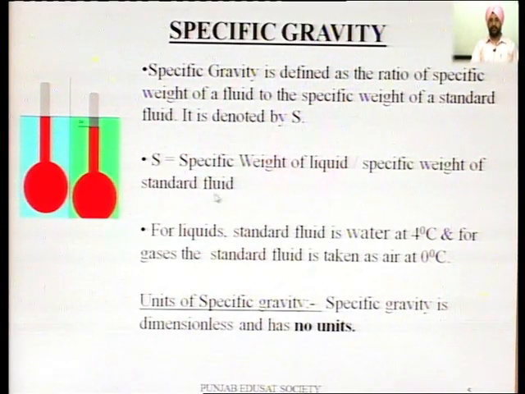Now what is this standard fluid? In the case of liquids, we take water as a standard liquid at 4 degrees centigrade, and in the case of gases, the standard fluid is taken as air at 0 degree centigrade. As far as units of specific gravity are concerned, it is dimensionless and has no units.